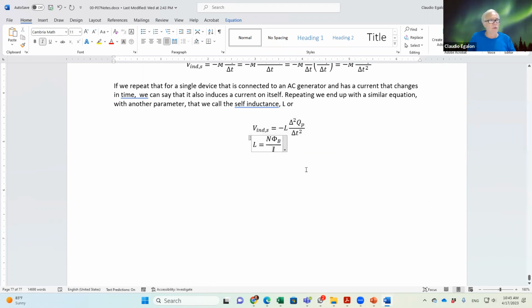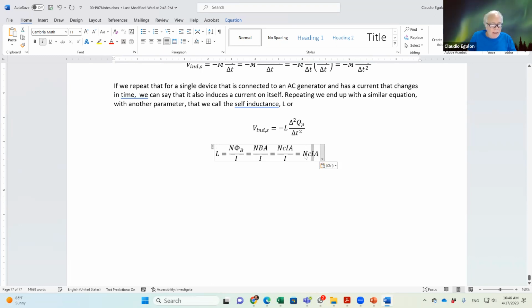Because we have just one circuit: N times the magnetic flux divided by the current. One more thing, don't forget that the magnetic flux for the solenoid at least is going to be BA, right? And let's not forget that this B is directly proportional to the same current, which is going to cancel out here at the top.